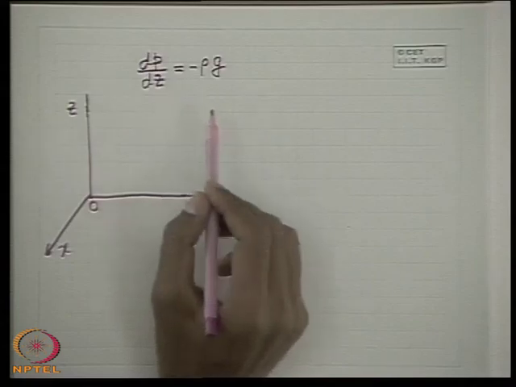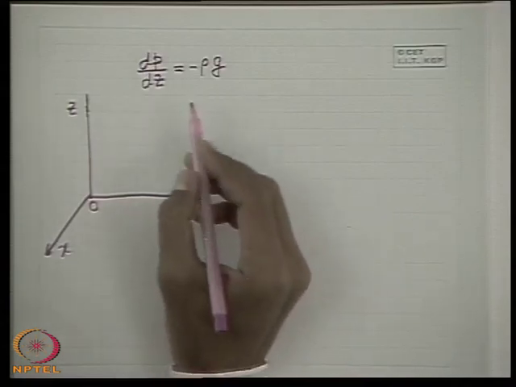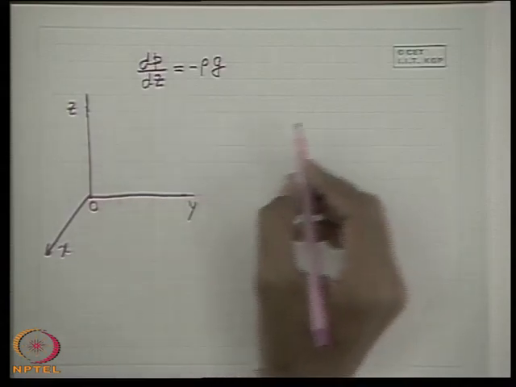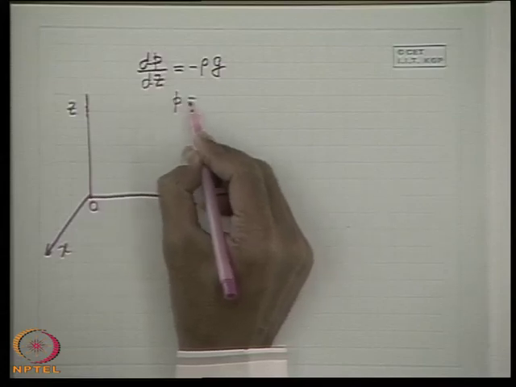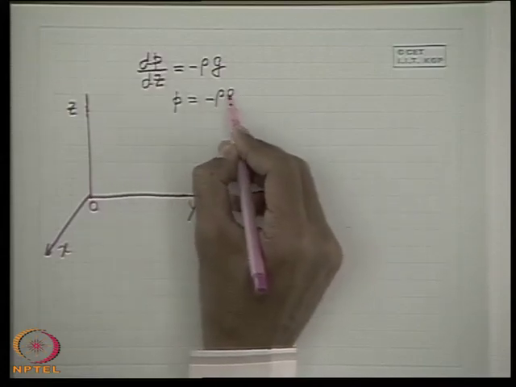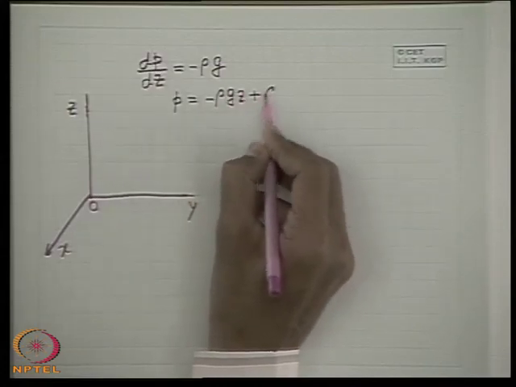And also we recognize that in case of an incompressible liquid, when rho is constant, the solution is P equal to minus rho g z plus a constant.